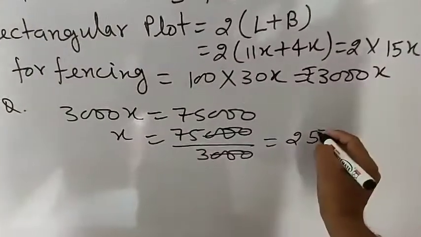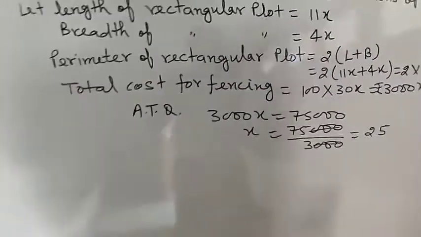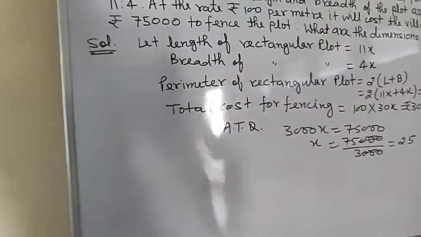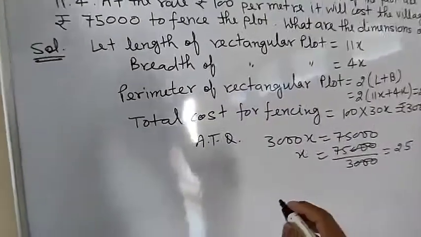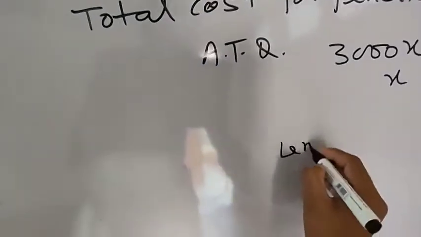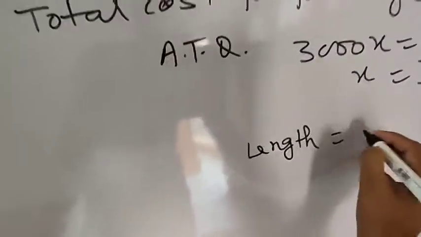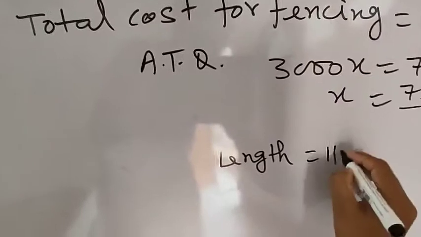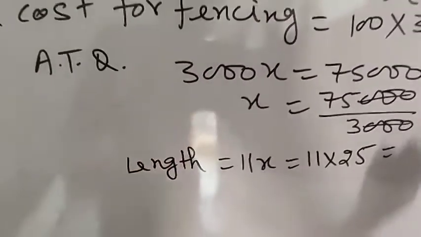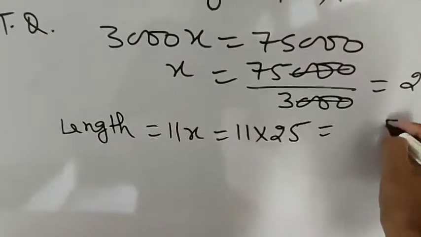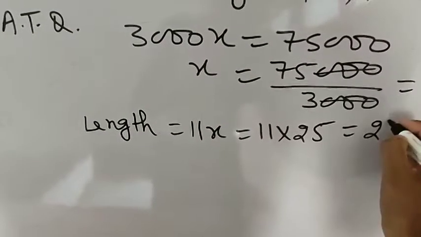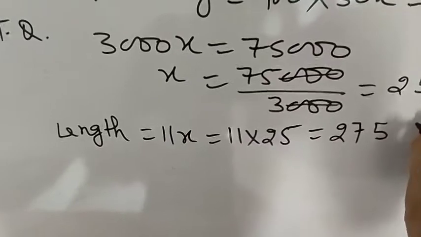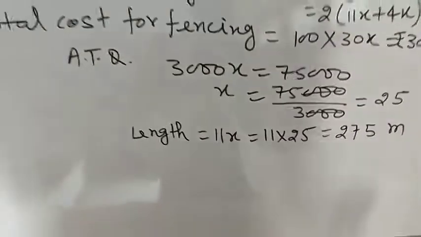So the x value is 25. Now you need to find the dimensions, that is, the length and breadth. So length equal to 11x, so 11 into 25, that is 275 meters.